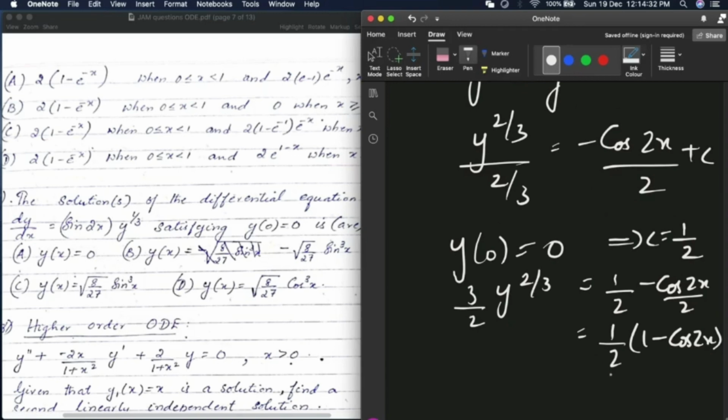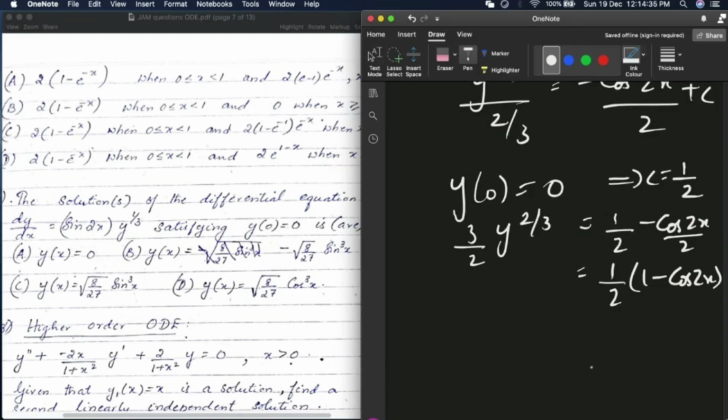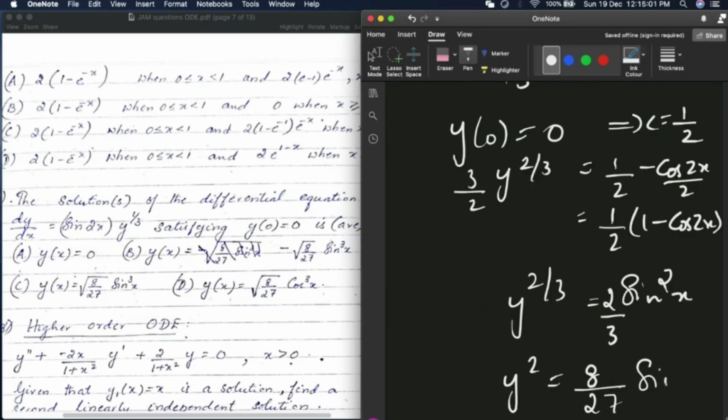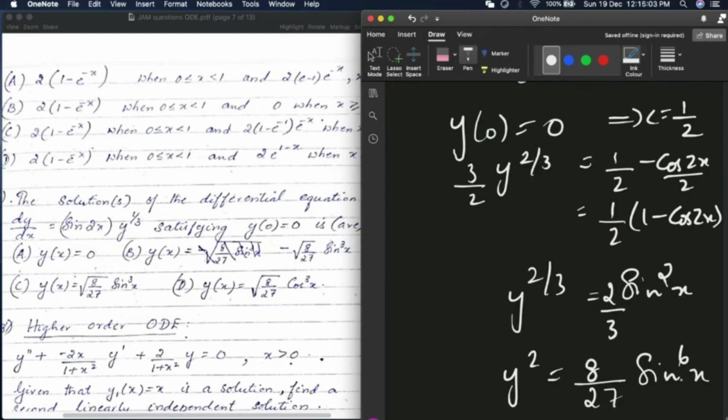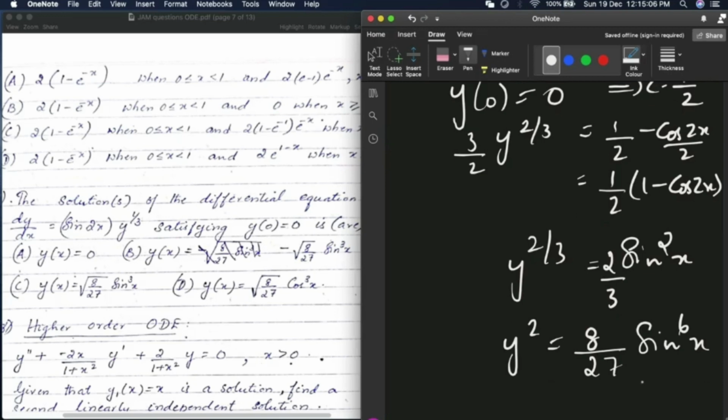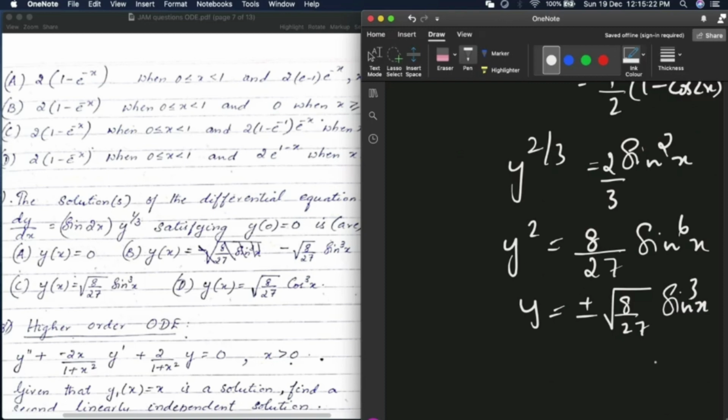So 8 by 27 sine cube x. Is there an answer there? So y value you want? Okay, plus or minus sine cube x. Yes, I think the answer is there. Options B and C both, yes, the answer is there.